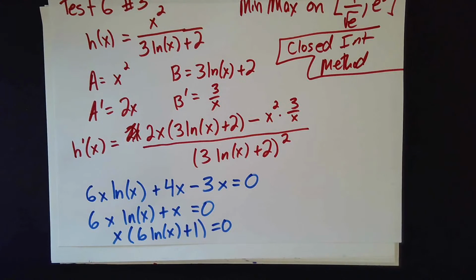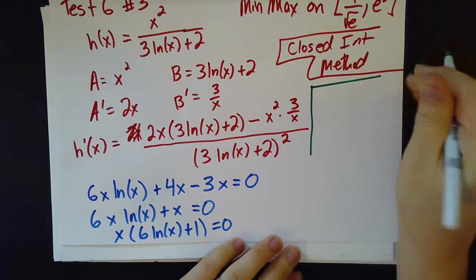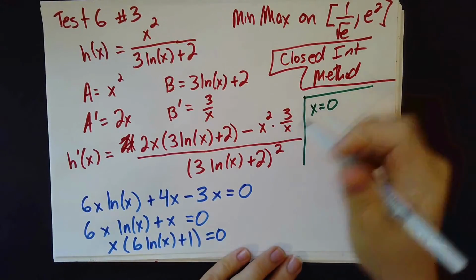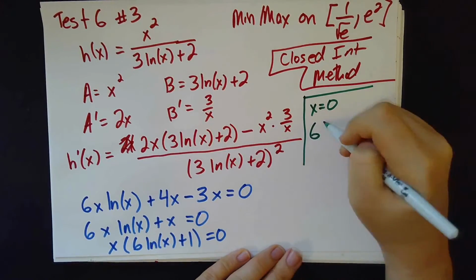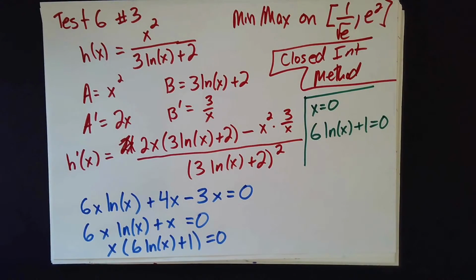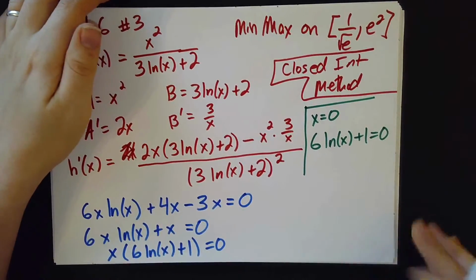Which goes ahead and gives us ostensibly two critical numbers, one of them being x equals 0, and one of them being whatever I get when I solve 6 natural log of x plus 1 equals 0. This x equals 0 is actually invalid for two reasons.